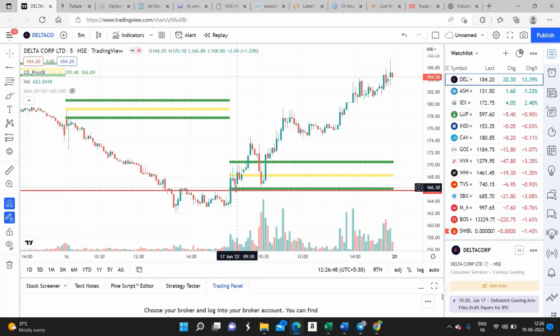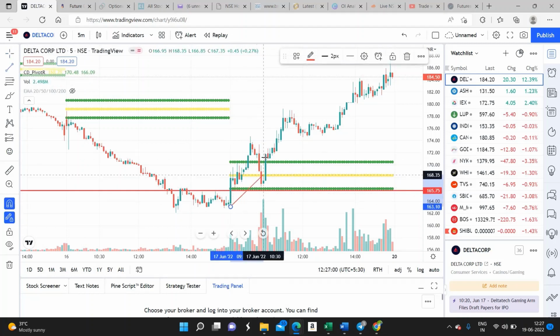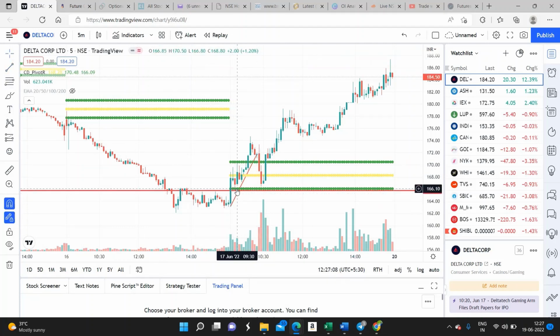We can make a trend line like this, and we can take a trade here. Our target should be somewhere around here, and our stop loss should be here. This is a very small scalping trade I am talking about, only for 1 to 2 five-minute candles.